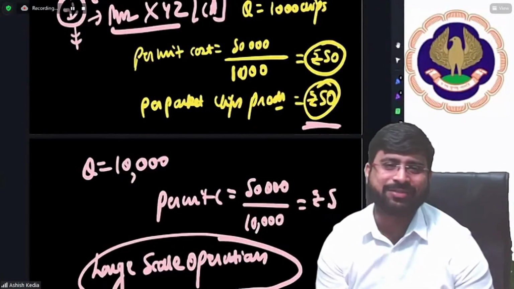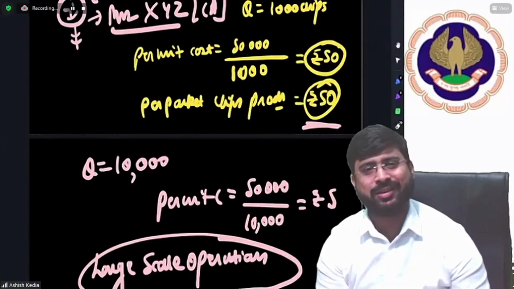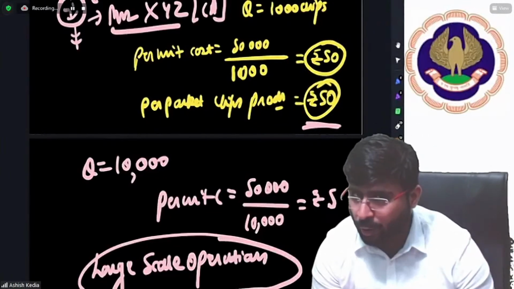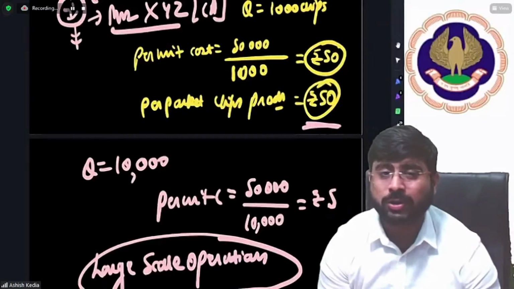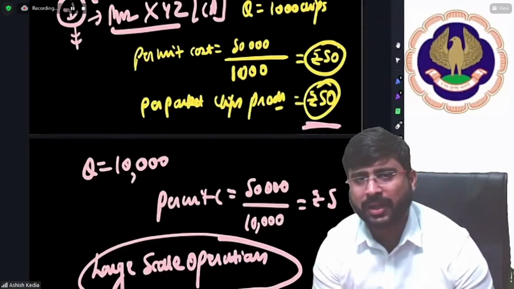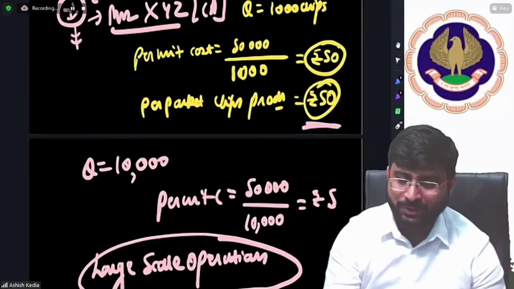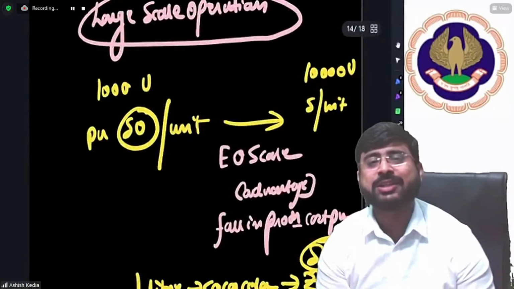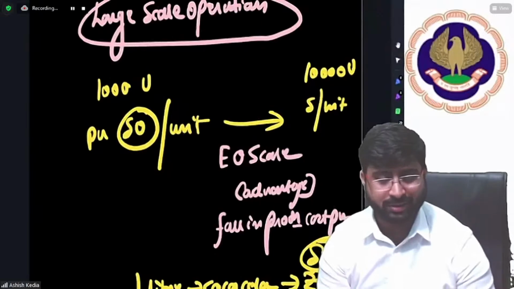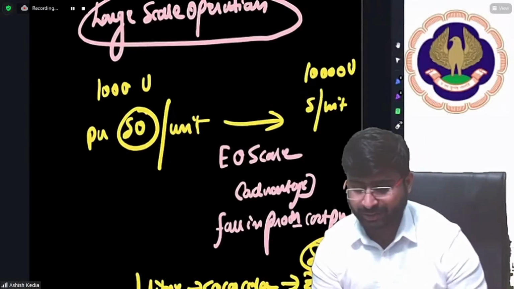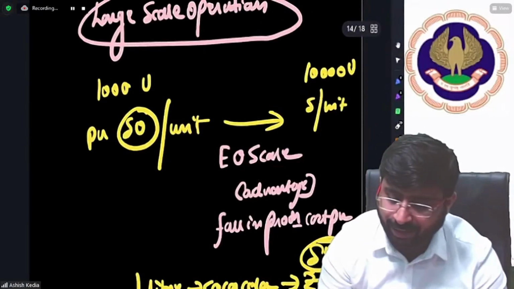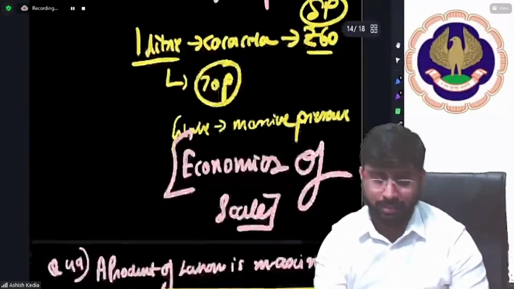This is called the advantage of economies of scale. That is, when you produce more, your per unit cost falls so much that you are able to produce in large quantities at a small cost. Understood, sir? That advantage is called economies of scale.